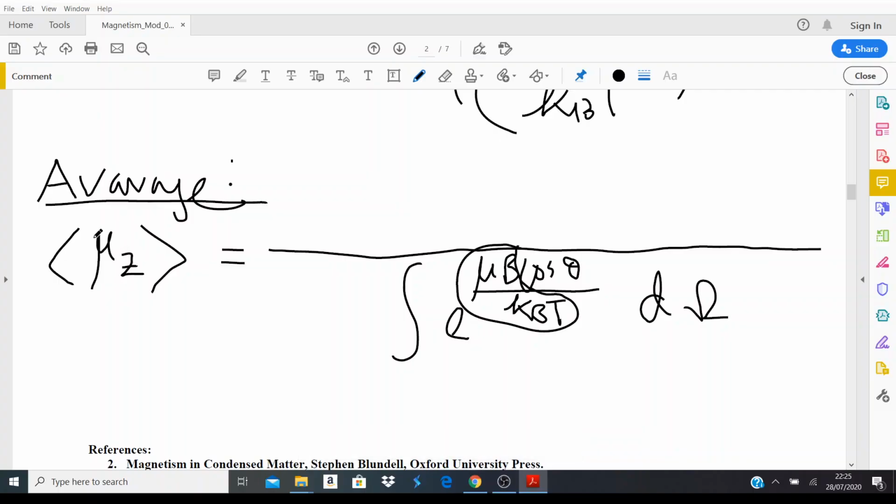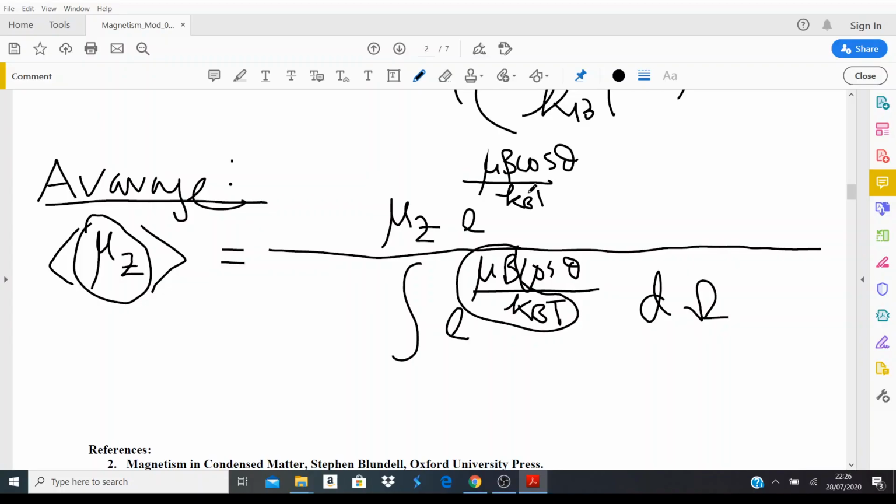So the question to ask is, what's the quantity we are trying to find out? It is the expectation value of mu z, right? So this is the parameter of interest. In the numerator, you first put the value of the parameter you want to calculate, and you weight this parameter by the Boltzmann factor, which is e to the power mu B cos theta divided by kBT, right?